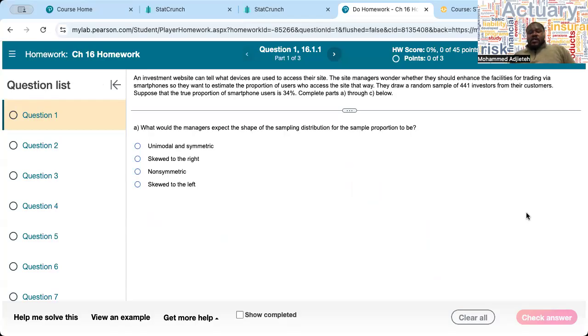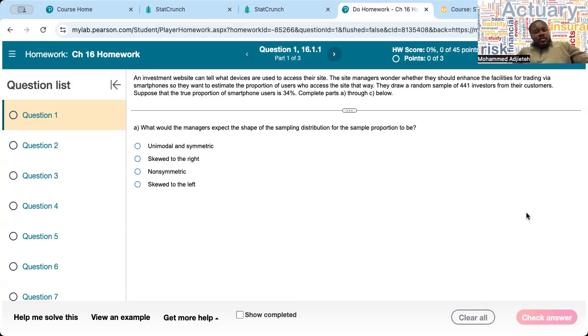So let's try question 1. Take your time and read question 1 and tell me what you think the answer is. Why do you think it's unimodal and symmetric? That's a bell curve. Yes, that's a bell curve.